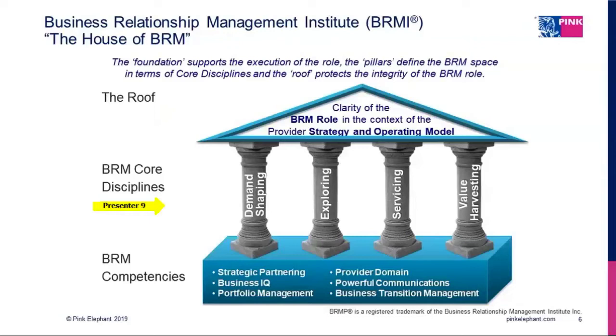This is where you come up with a balanced approach for business relationship management, which is balanced on the business side, which I might suggest is the left side of this house of BRM, as well as the operational side, which I might suggest is the right side of the house of BRM.